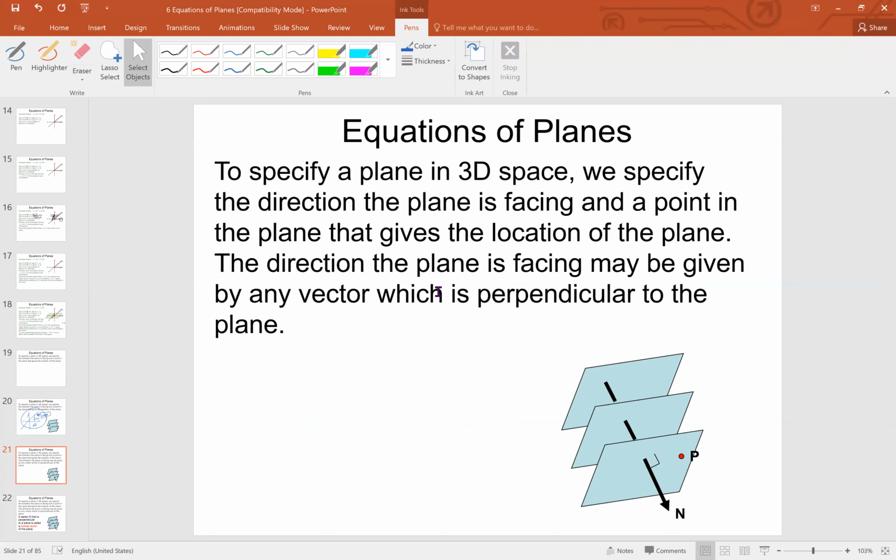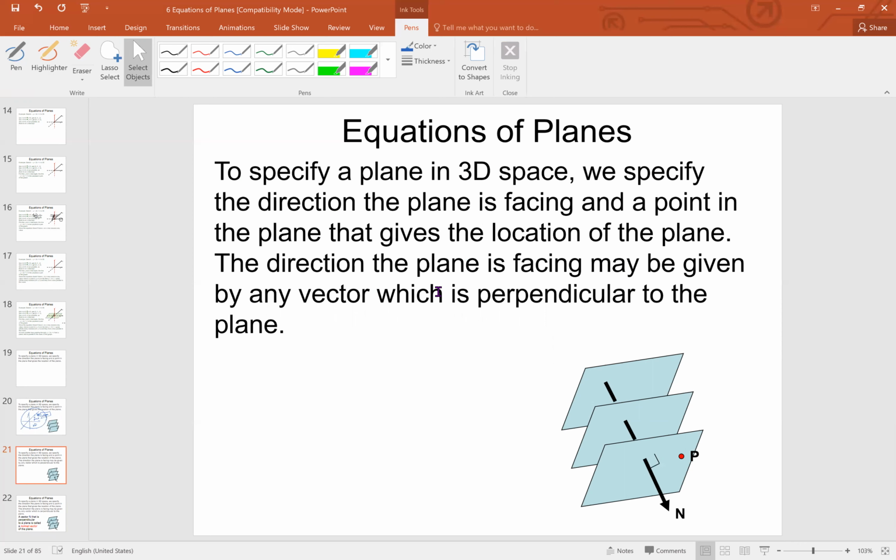If this is a plane and I want to specify its equation, I need a measurement that specifies the direction of the plane. Which way is the plane facing? We'll say it's facing in the normal direction. Think of putting a handle on it, and that handle is pointing in the normal direction. That defines the direction the plane faces.